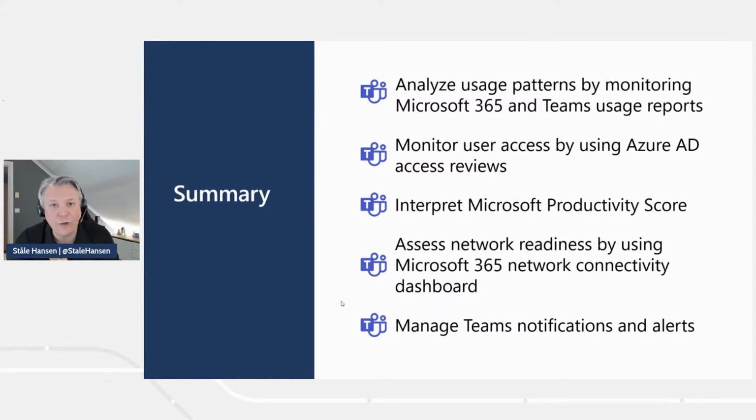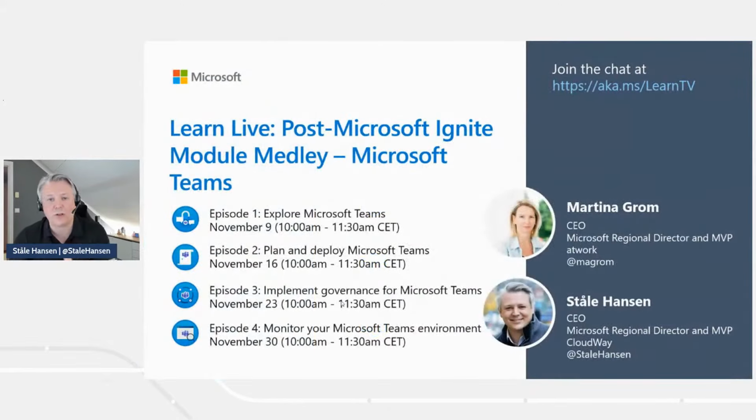And then if you have Teams rooms, you can monitor those. Make sure you get a notification in your team or your ticketing system so that you can proactively start fixing them. And that concludes our Learn Live experience and walkthrough.